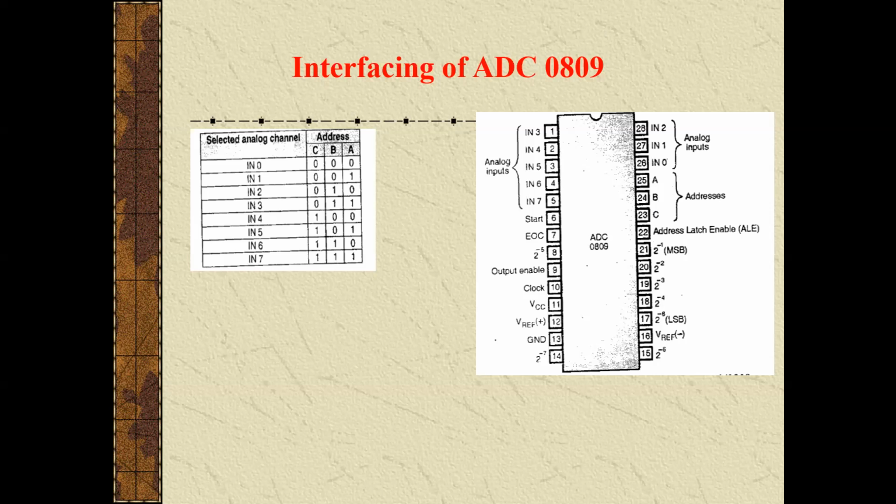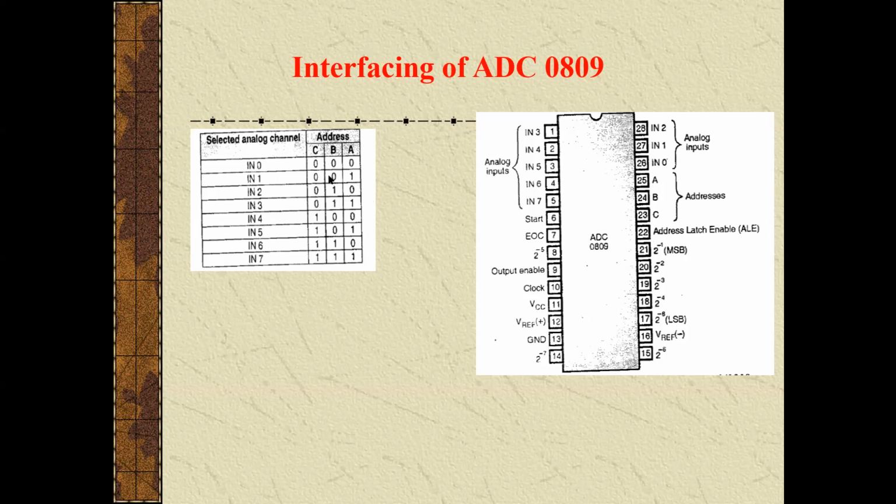So, for example, C equal to 0, B equal to 1 and A equal to 0: which pin is going to be selected here? IN2 is going to be selected. If all are 0, then IN0 is going to be selected, and for 001, IN1 is going to be selected.